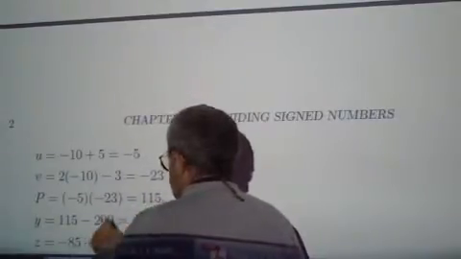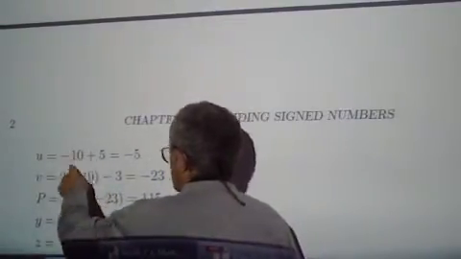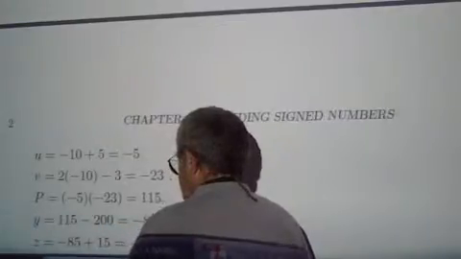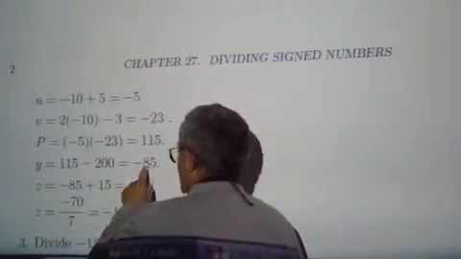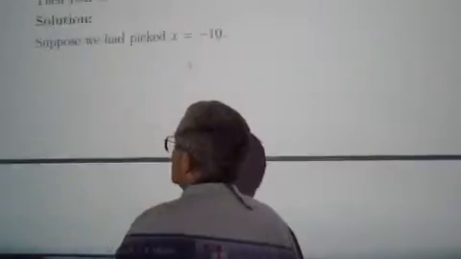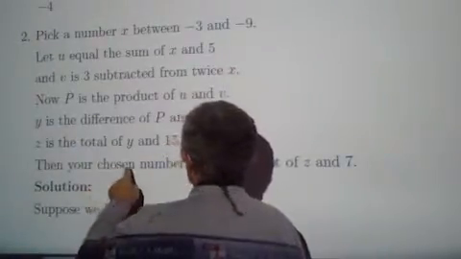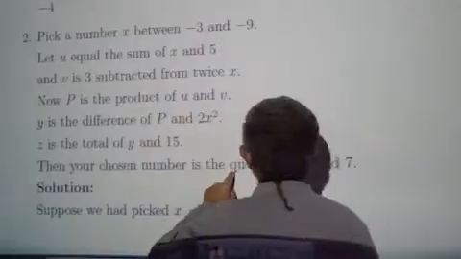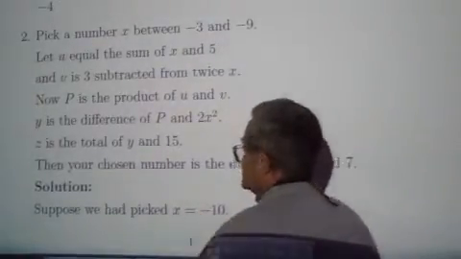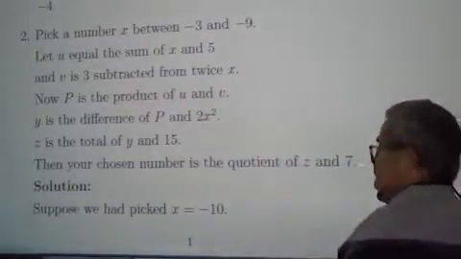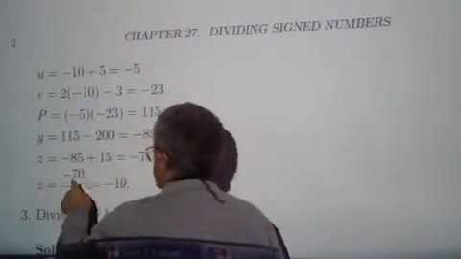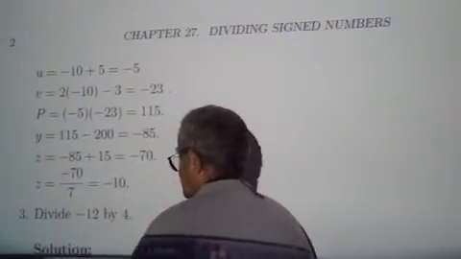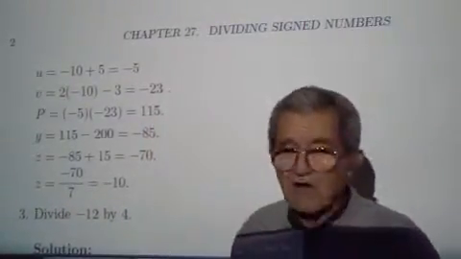X squared is 100, 200, and then z is the total of y and 15, negative 70, and then your chosen number is the quotient of z and 7. Quotient means you're dividing, and you're back at the number that you started out with.